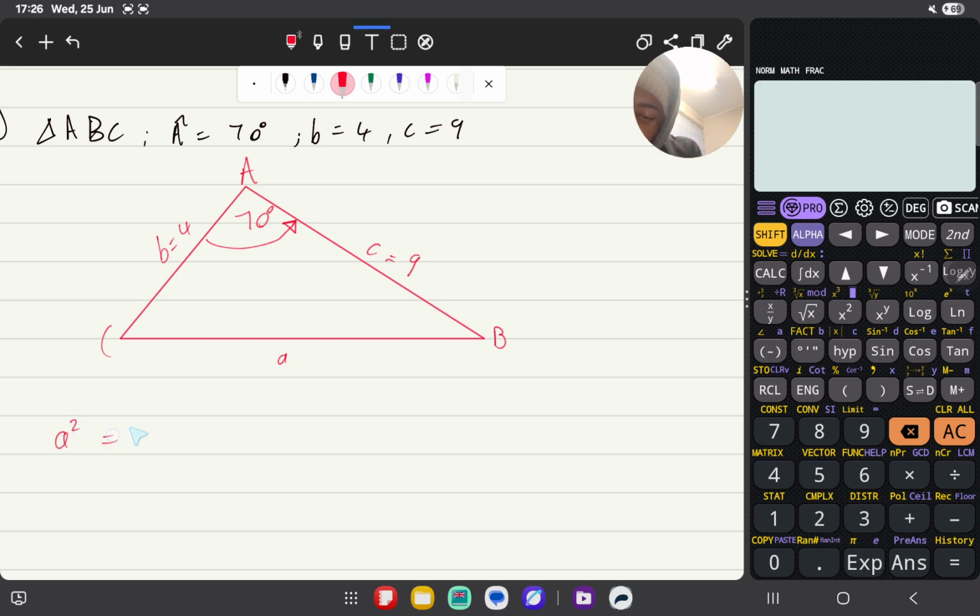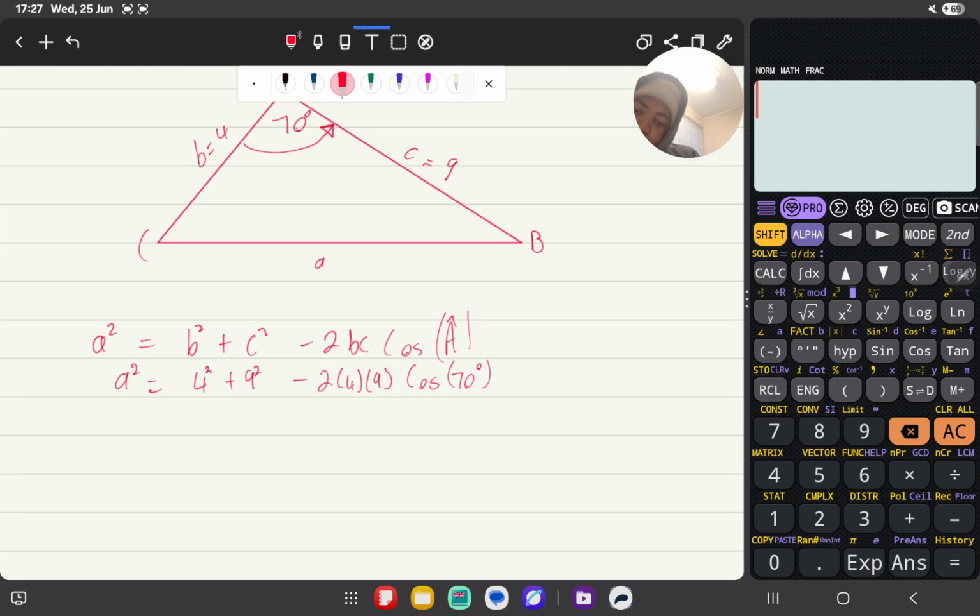You already know the formula: a squared equals b squared plus c squared minus 2bc cos A. So that will be 4 squared, which is 16, plus 9 squared, which is 81, minus 2 times 4 times 9 multiplied by cos 70 degrees.